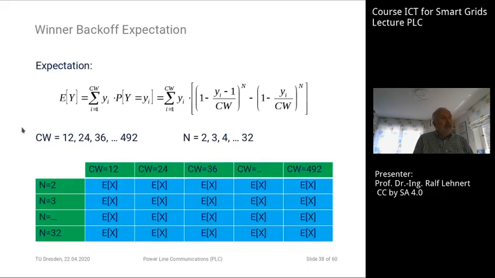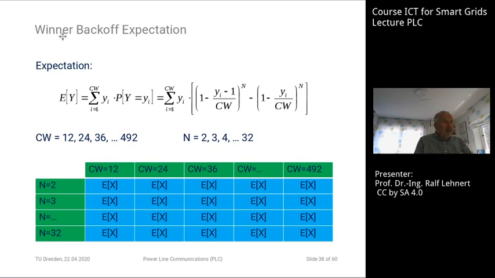Okay, the principle of CSMA CA is that the winner finally will be determined by the appropriate backoff mechanism, and it is difficult in a real system to know the actual number of active transmitters on the bus.